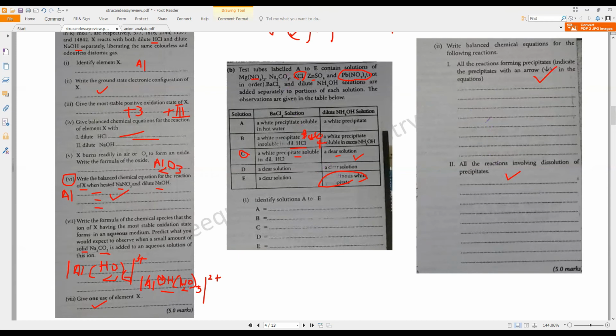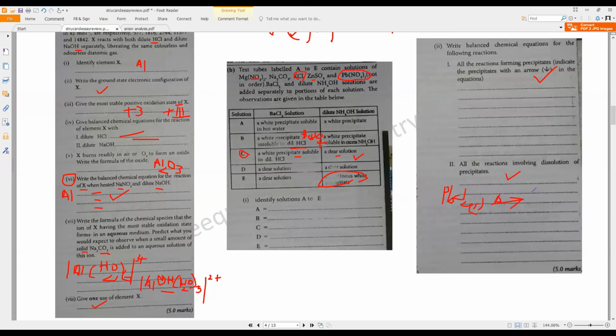You can write down the precipitation reactions and dissolution. So dissolution is not much. For example, here it forms the white precipitate, which is lead chloride. So you need to write lead chloride solid, put the arrow like this, and on top you can put the heating mark.